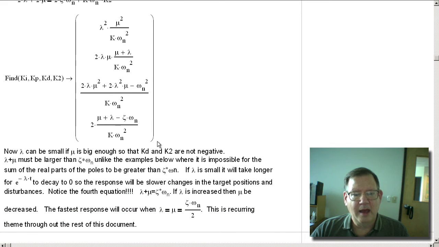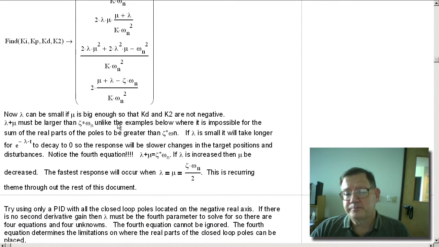And now I end up with Ki, Kp, Kd, and K2, the different gains here. And what I can do is make lambda smaller as long as I make mu bigger, and then that will still keep Kd positive, and I can do the same thing for the second derivative gain. But notice that there's a limit.